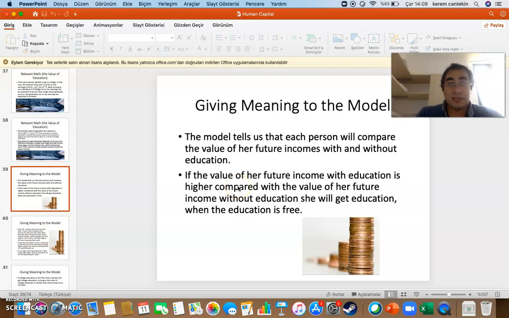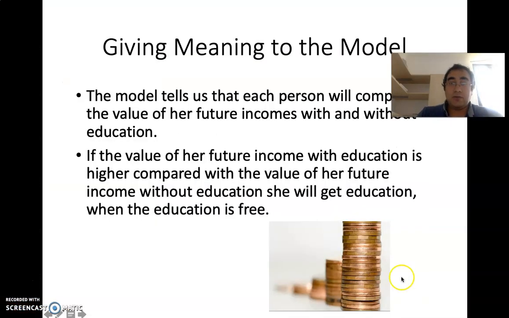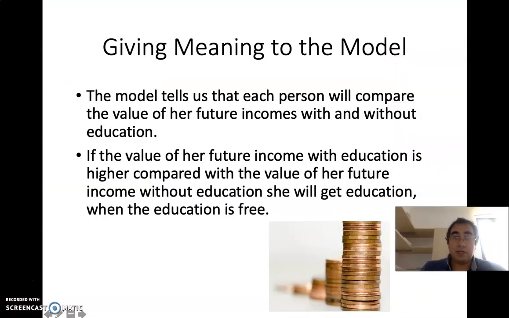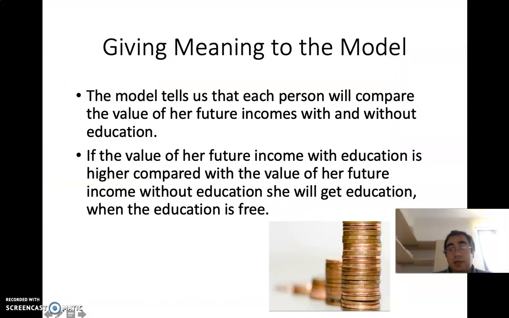So the model basically tells us each person will compare the value of future incomes with and without education. If the value of future income with education is higher compared with the value of income without education, we are not talking of actual sums. We are talking about the value of those sums.